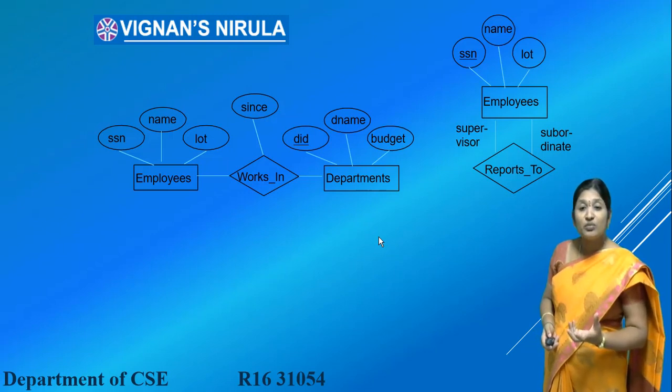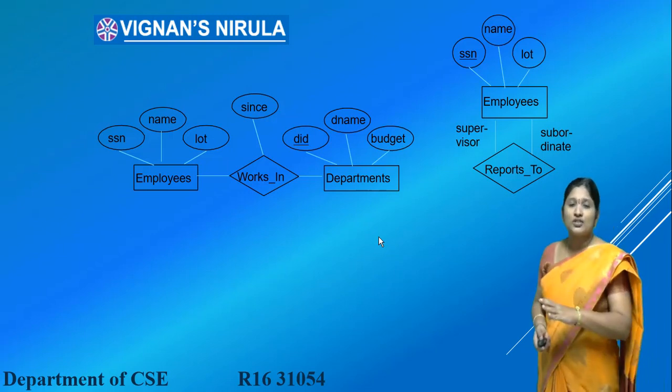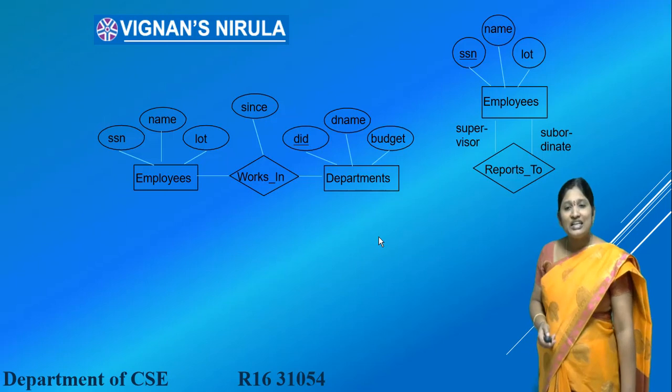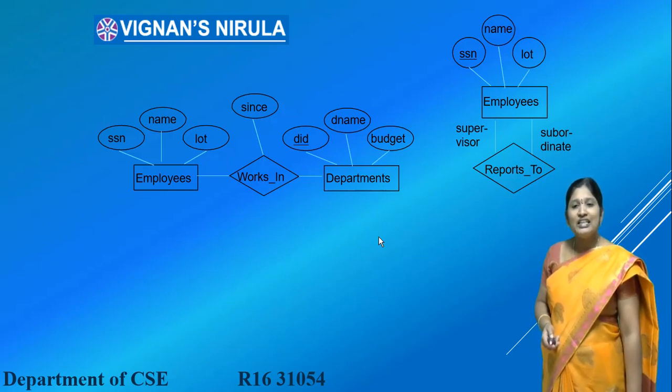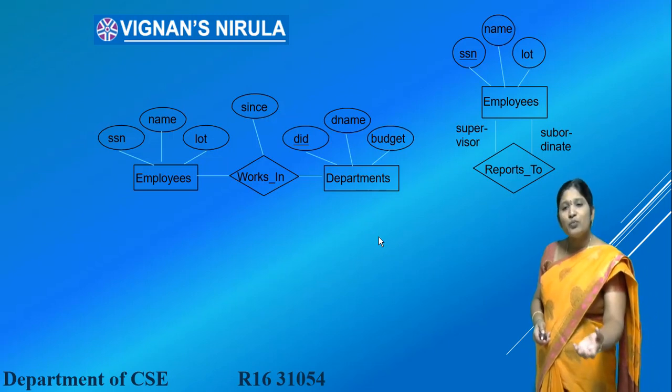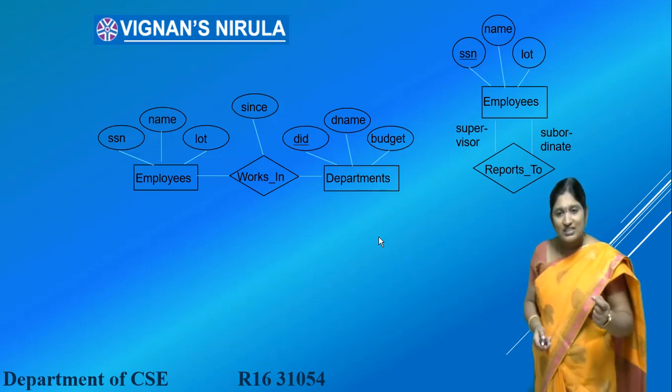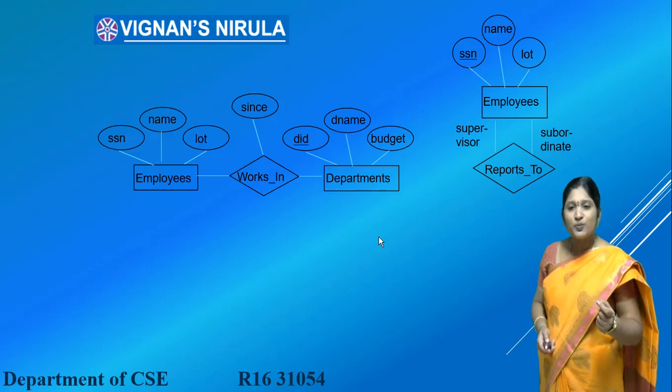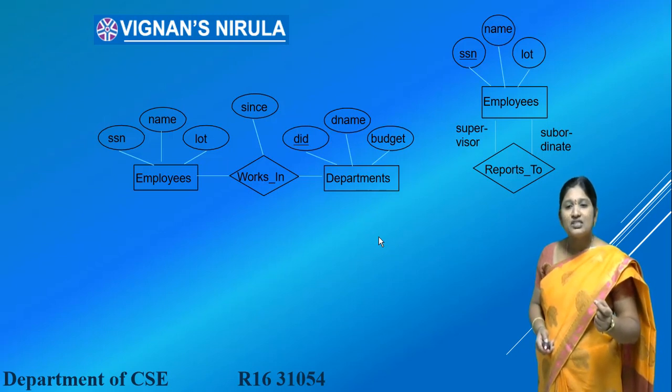What are the same entities? Employees to employees. So here the entities participating in the relationship, that is reports to, include an employee who is a supervisor, who has subordinates. Here the subordinates are also the same type of entity set. So the same entity set is participating in two ways within the relationship, that is reports to.